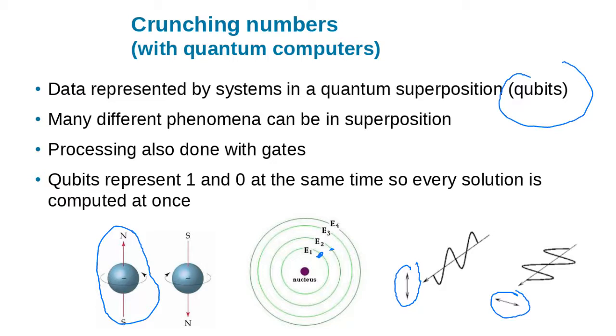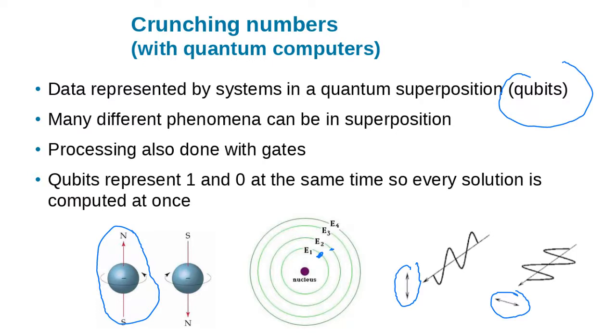And then we can connect qubits up together, and then we can gate them, so we can switch them on and off. And if you build up a complicated enough network of qubits, gate them in the right way, then you can program a quantum computer to solve any particular problem that you would like it to do.